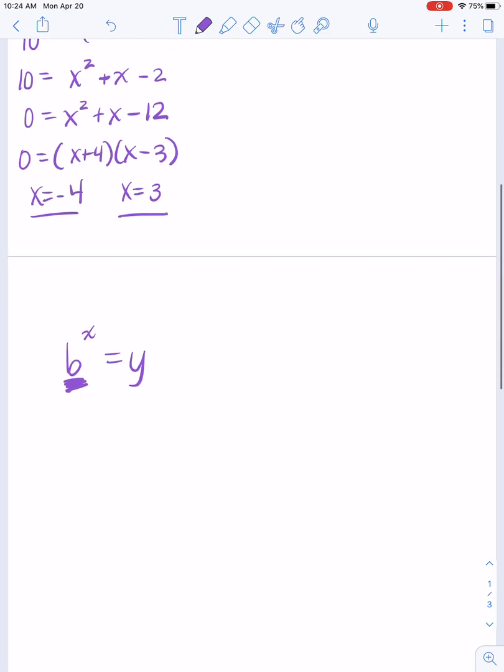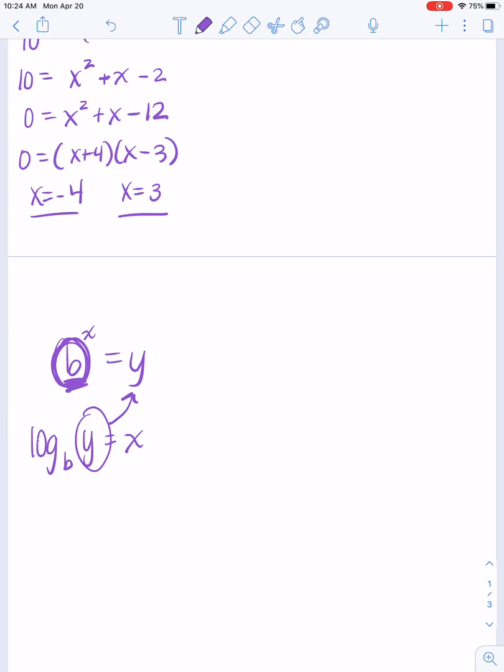So if I had to rewrite this, this would be log base b of y is equal to x, right? Why can't our argument be negative? Well, if our base is not negative, I can't raise a positive number to any kind of power and get a negative answer.